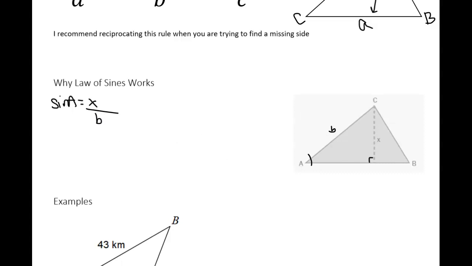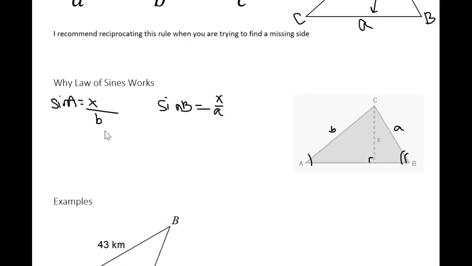On the other side, we have angle B, and we get sine B is equal to x over this right triangle's hypotenuse, which is across from angle A, and you can see is little a. Both of these equations are defined in terms of x.